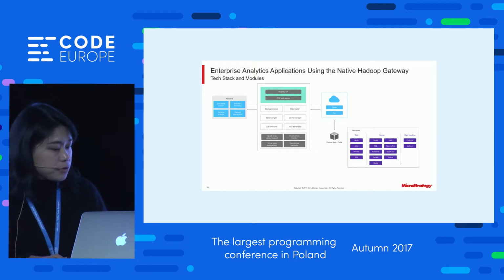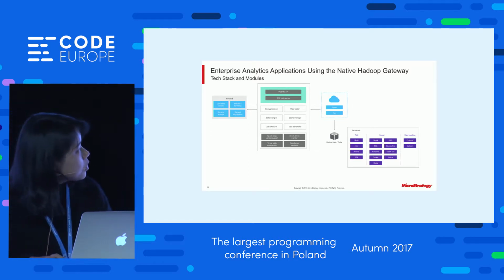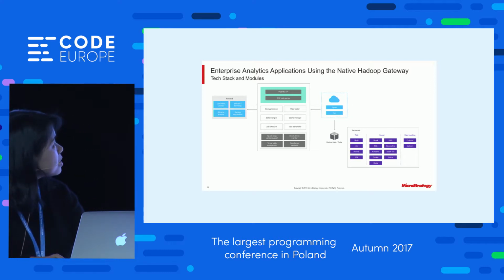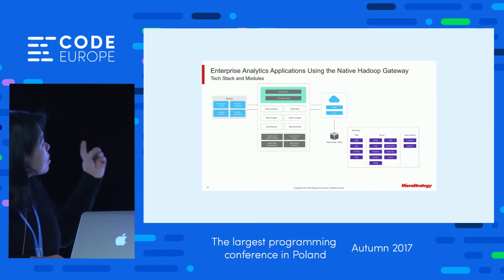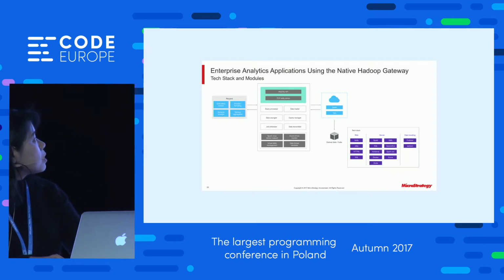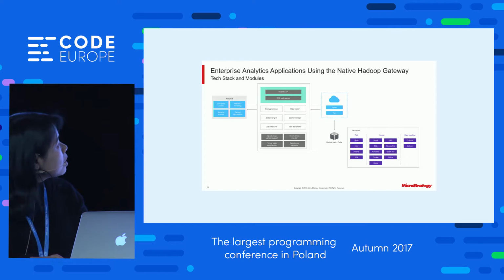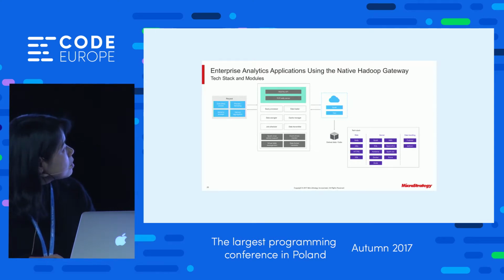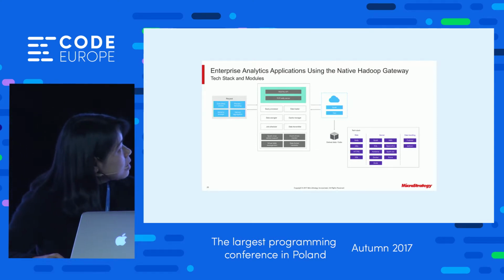On the next slide, I'm going to mention how we design the inner modules of the Hadoop Gateway. As you can see, on the left, the gray box represents different requests from our other server modules. In the middle is the Hadoop Gateway.